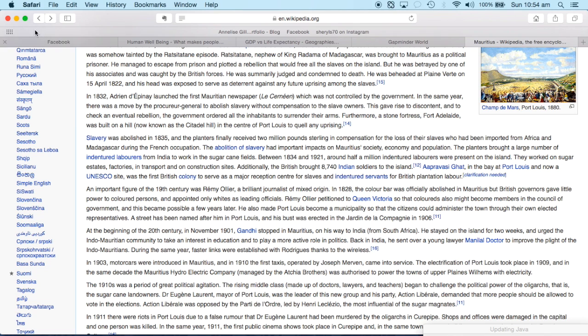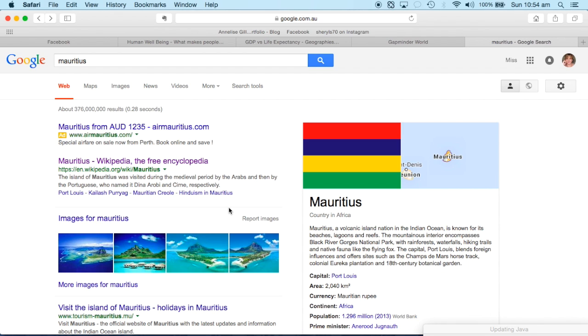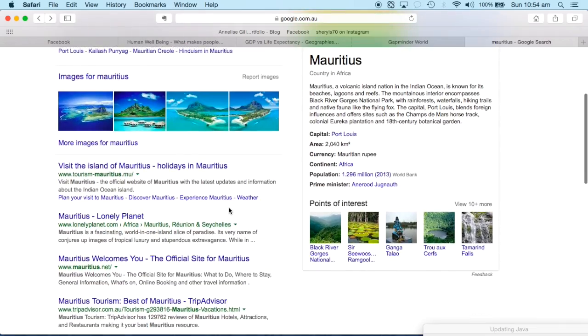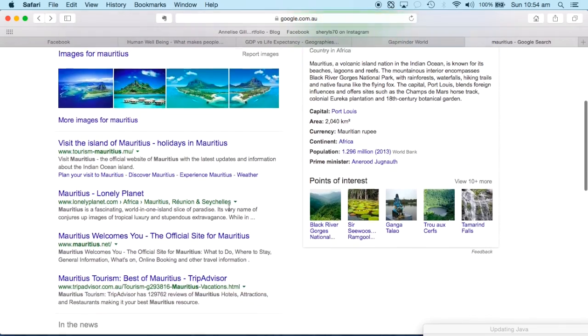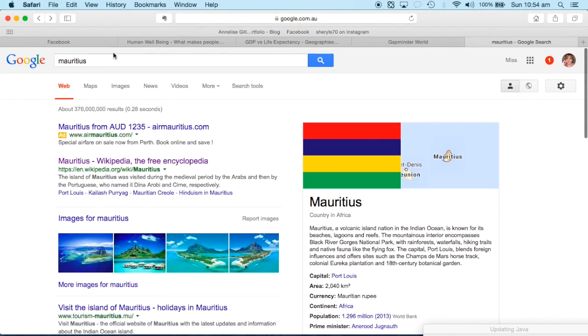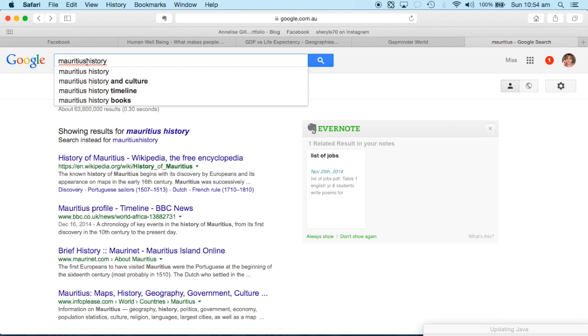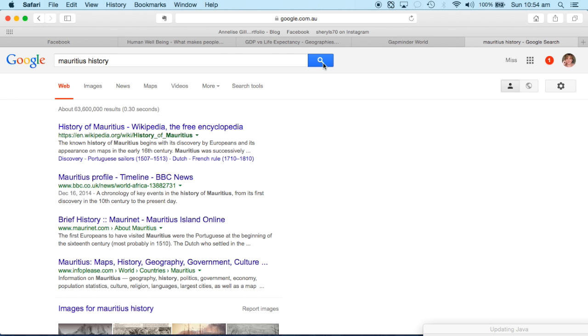I just want to go to another source, because once again we know that Wikipedia, even though it's really good for some basic information, is a crowdsourced encyclopedia, which means that the stuff on there may not necessarily be true. So let's go to another source of information and see whether we can find out. Now what I'm going to do is write history in the search so that I can narrow down and get away from all those tourist-based sites.